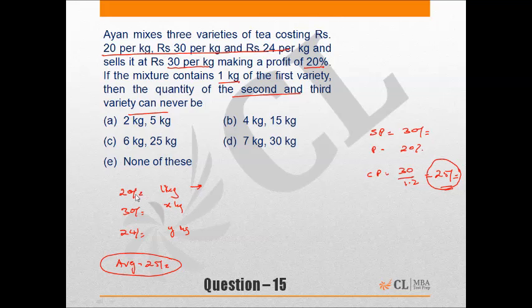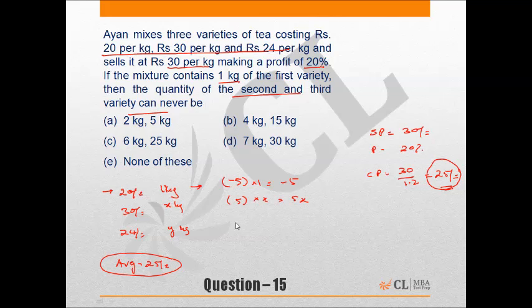So again, what is the total deviation on account of the first variety? It is minus 5, minus 5 into 1, which is minus 5. Second is 30 rupees a kg, average is 25, so 5 into x, which is equal to 5x.